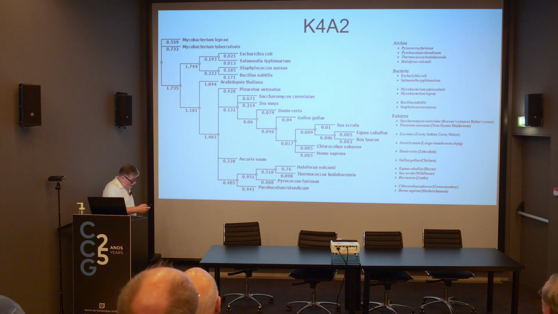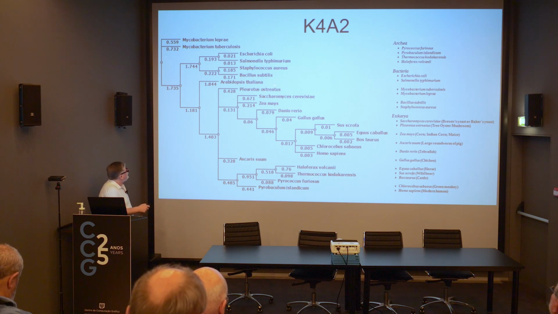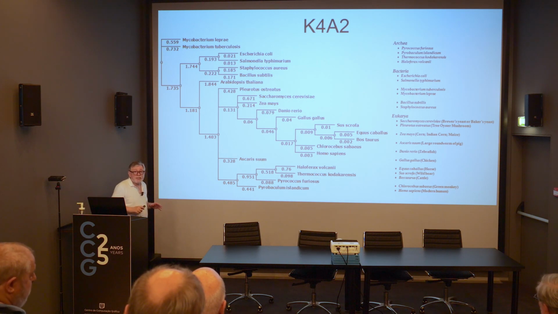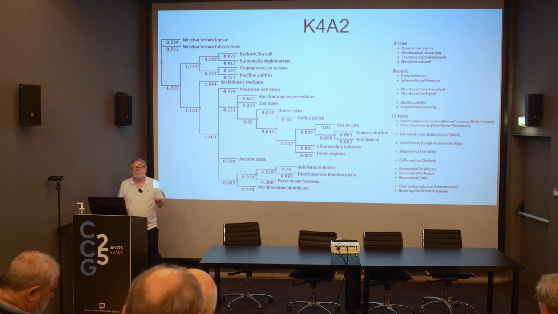The same 3 clusters: gram-positive, gram-negative, and mycobacteria. Archaea are here, and eukaryota here for human and monkey, and you see the species. It's clustering practically the same as BLOSUM.